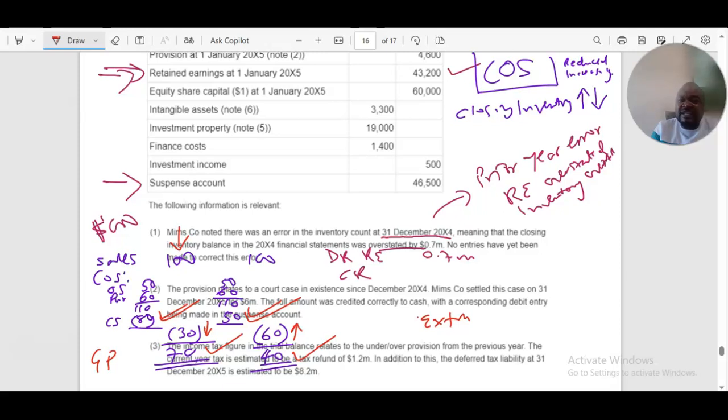To correct this, we have to put some extra credits. This is why I'm opening a credit entry there. So we need to credit cost of sales by the same amount of $0.7 million.